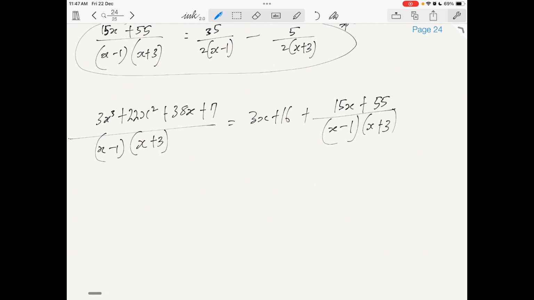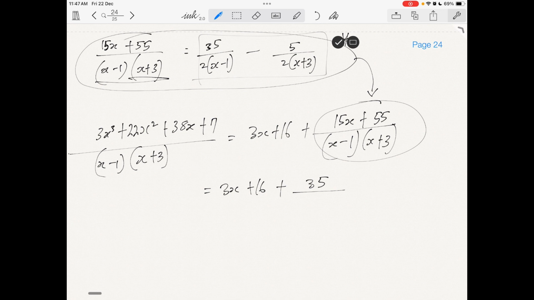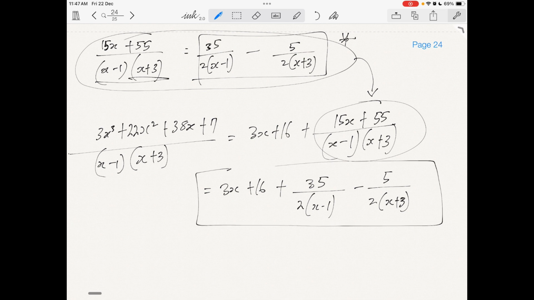Now we can substitute the value of this for this. So our answer will be 3x plus 16 plus 35 over 2 into x minus 1 minus 5 over 2 into x plus 3. So then we'll have our final answer.